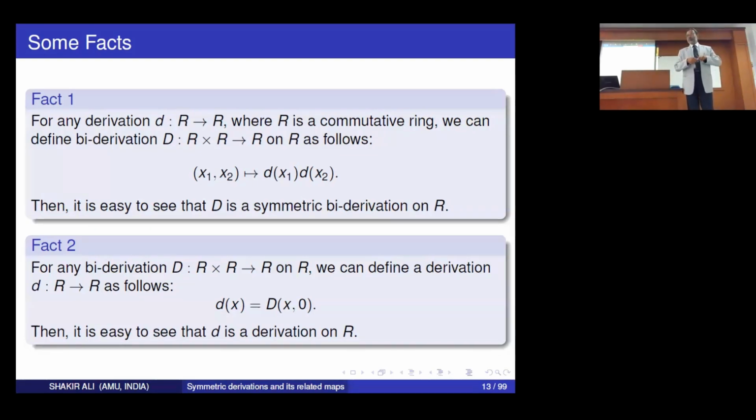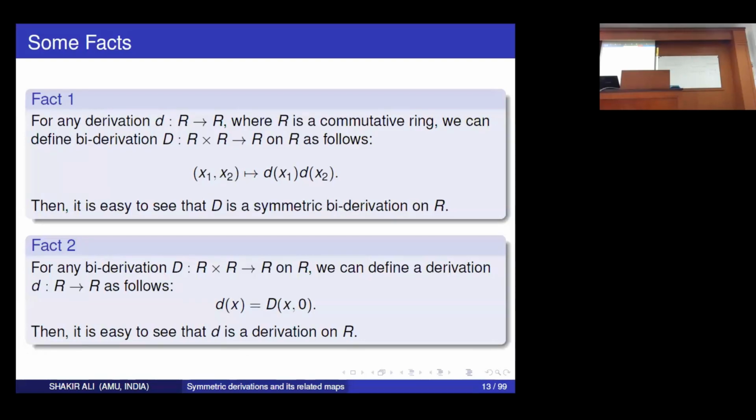Otherwise, you cannot enjoy mathematics. So this is the meaning of this. The capital D is a bi-additive map of this form.